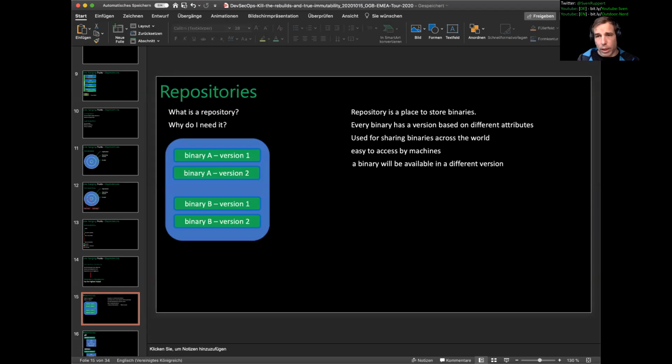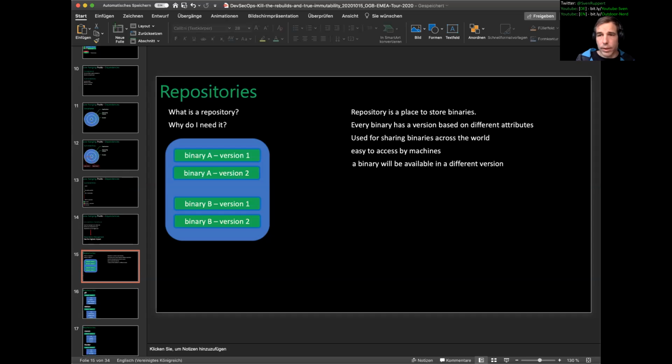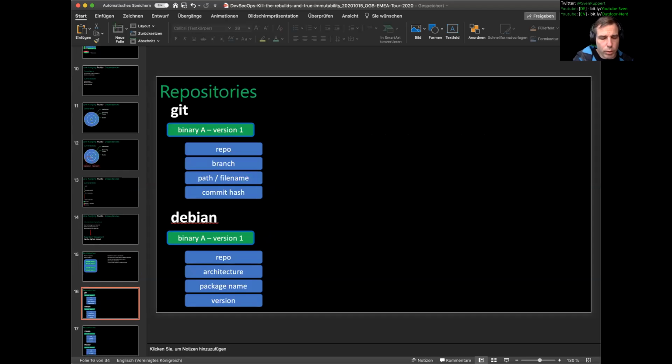So you're dropping a binary, it will be marked with some attributes, with a version and so on. Then it can be consumed in the next step or during the next phase, or must be available until it is used to recreate a state that existed a day or months ago. But if you're looking at different repositories, they have different behaviors.